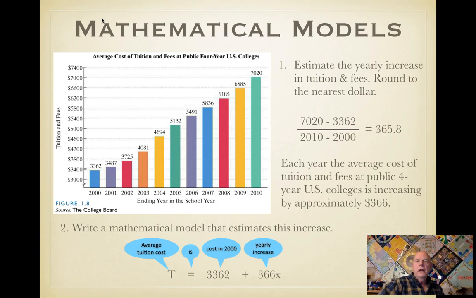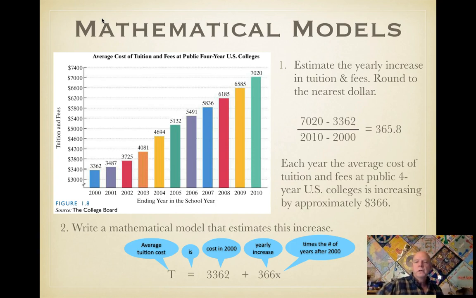So we're going to add to that a yearly increase, which we just calculated to be $366 on average. If this curve continues along the way that it has been, then on average, that's how much it's gone up every year. And then X is the number of years since 2000. So in the example I was saying earlier, let's say they asked us what you estimate it to be in 2020.